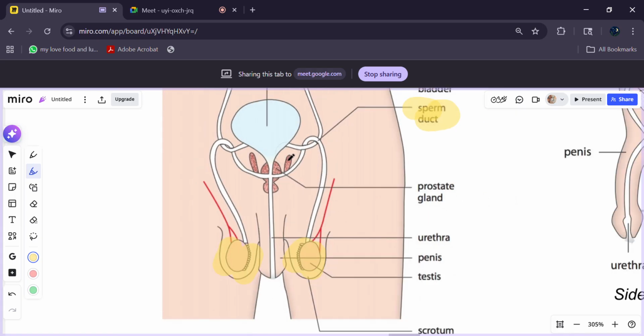Now, what does the sperm duct do? Each sperm duct loops over the ureter and then opens into the urethra.